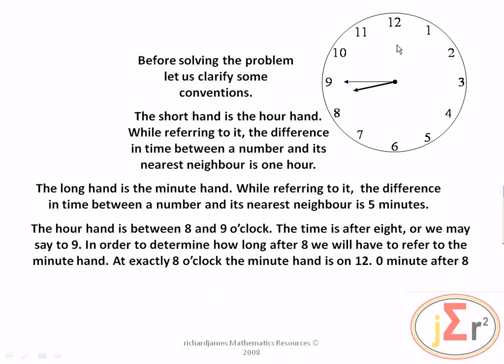So, if we are talking about 60 minutes, that is all the way around, the minute hand will go all the way around for 60 minutes. And 60 minutes make 1 hour. And because it is 1 hour, this hand would have traveled from one number to the other.